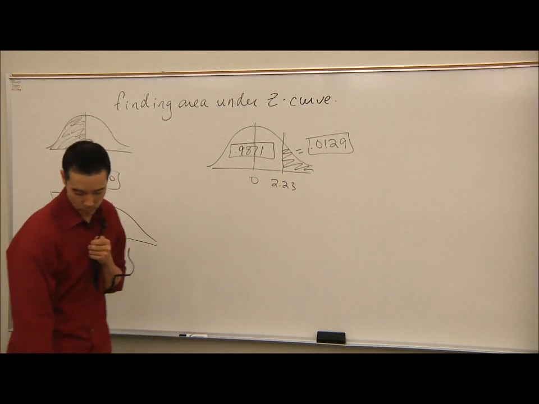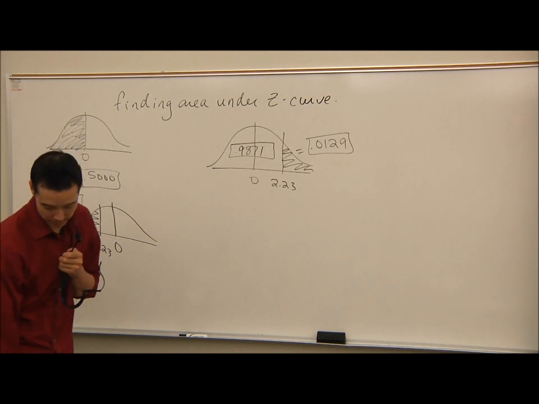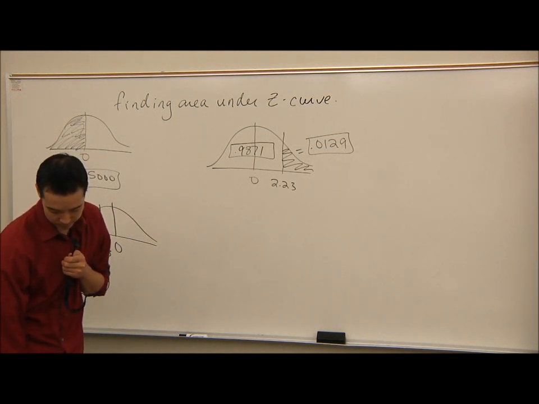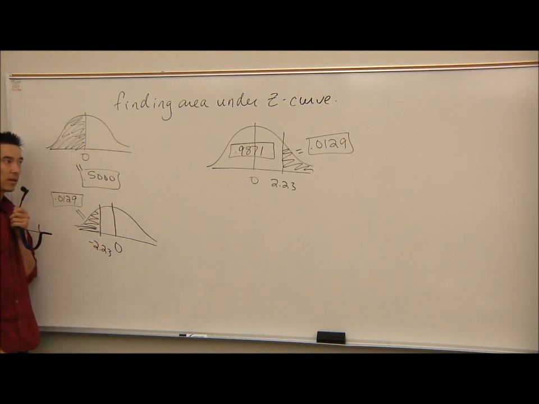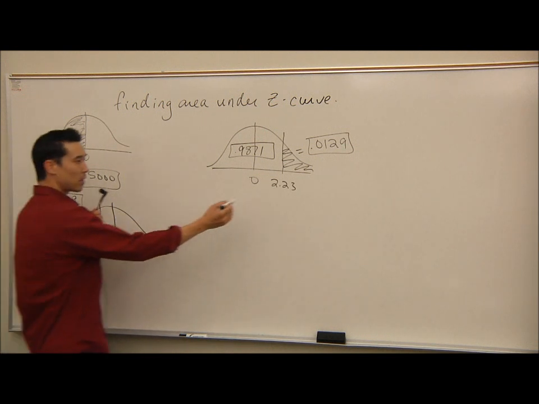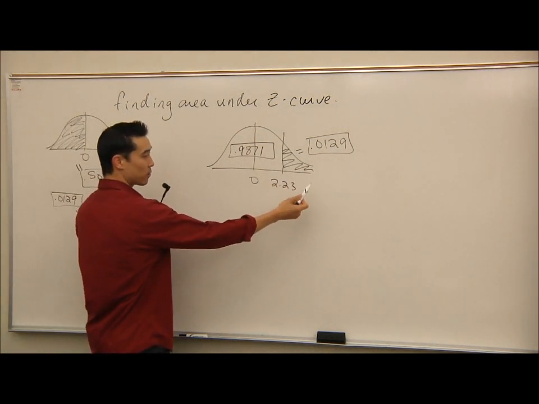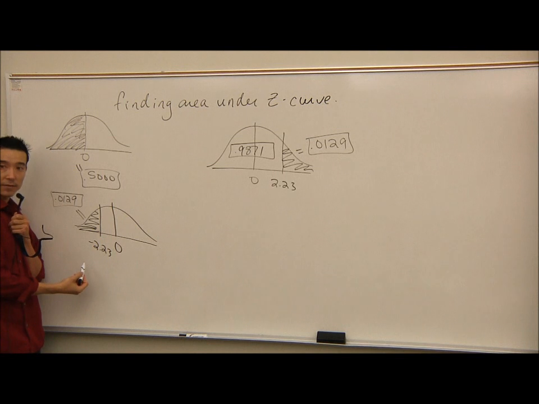So go ahead and check that. Okay? Because it's symmetry. So as you guys get better and better and more advanced, if I had to look up the area to the right of 2.23, I might just cheat and look up the area to the left of negative 2.23 because my table's set up for the left, and I know symmetry works. Okay?